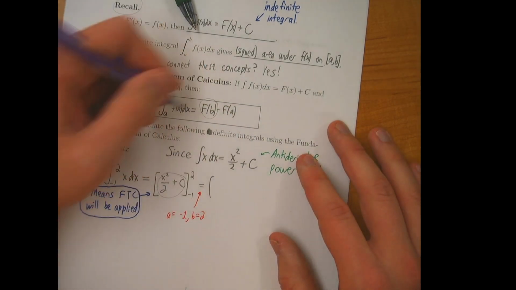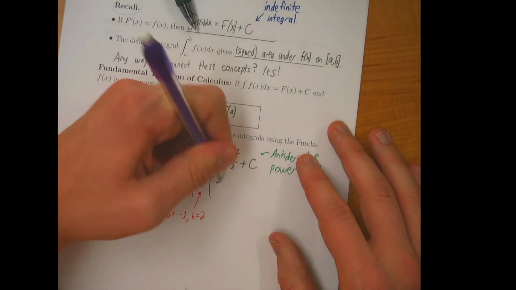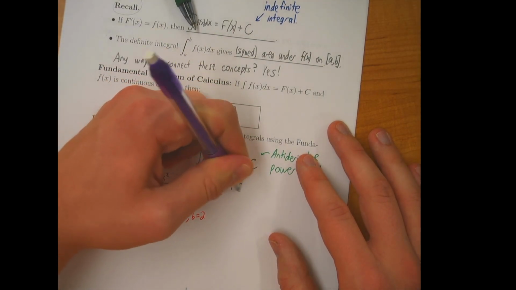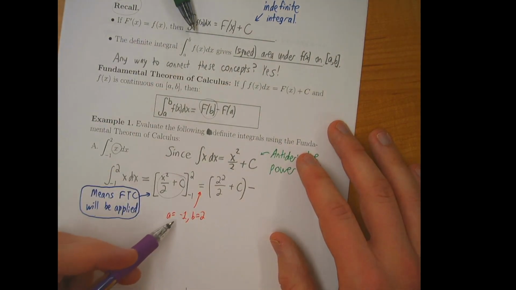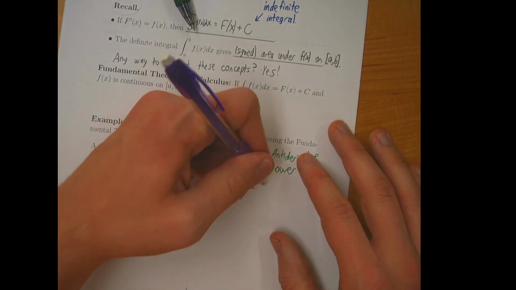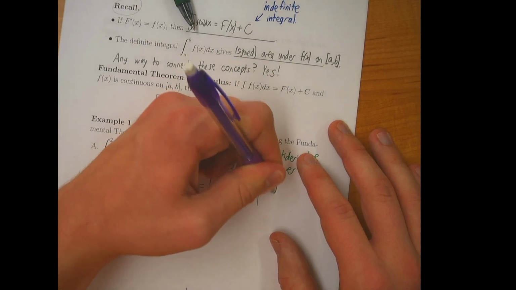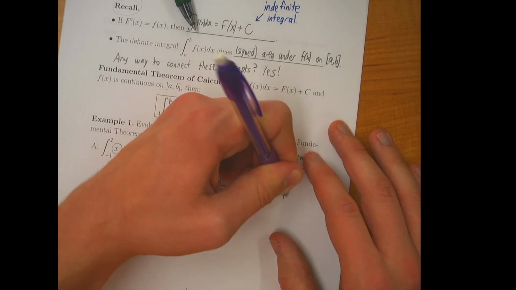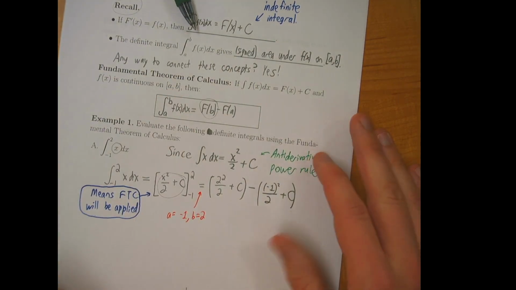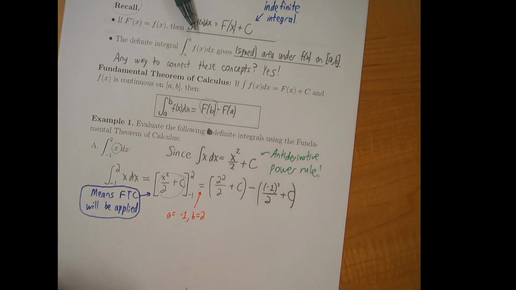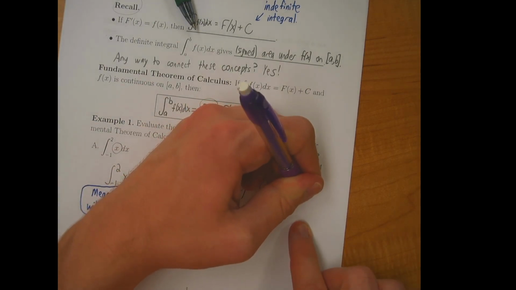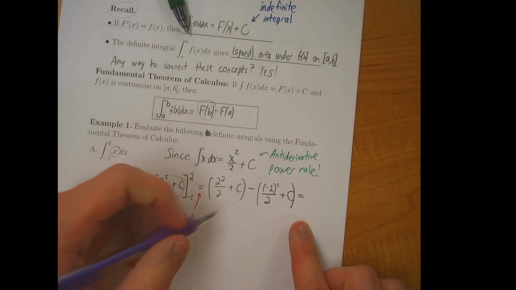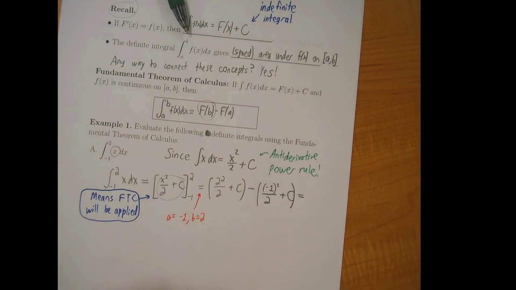So we have 2 squared over 2 plus c. Then we subtract the antiderivative value at a equals -1. So we have -1 quantity squared over 2 plus c. So here's what you notice with this. If we simplify all this as much as we can, what numeric value do we end up with here?